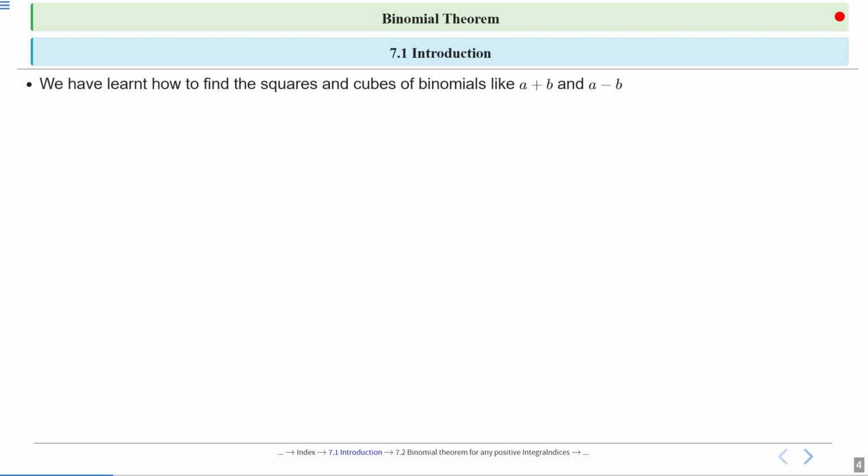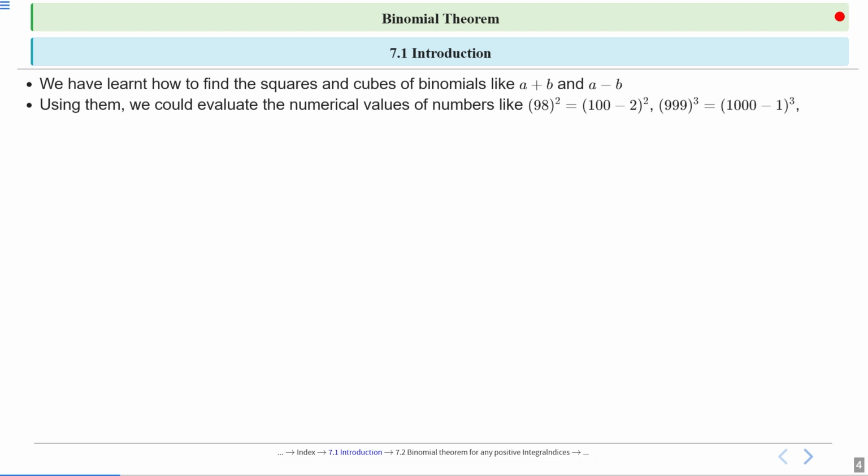And a minus b whole square is equal to a square minus 2ab plus b square. These formulas are known as identities in algebra. These are fundamental algebraic identities taught in basic algebra, which we have already learned in our previous class.